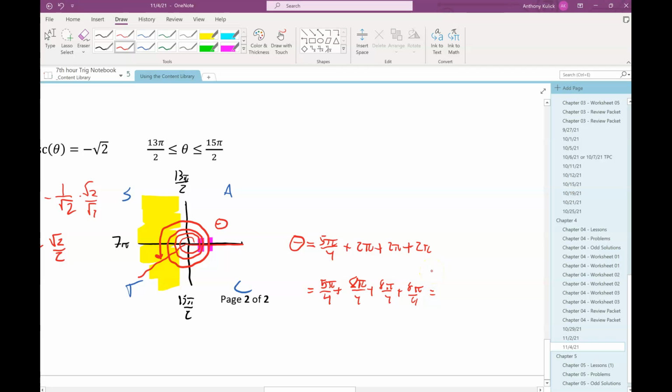To add fractions, we add the numerators. 5 plus 8 plus 8 plus 8 is 29 pi's, and the denominator stays the same. So 29 pi over 4 should be my answer there. And remembering that you had to add all those 2 pi's at the end would have been the trickiest part there. Right? Easy to forget that.